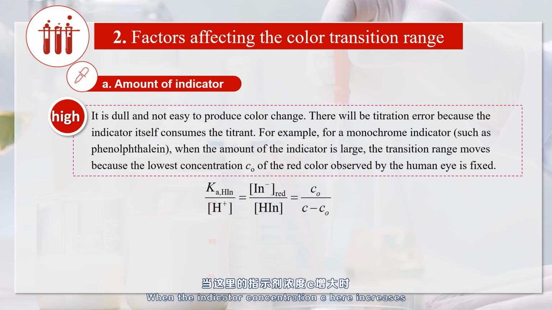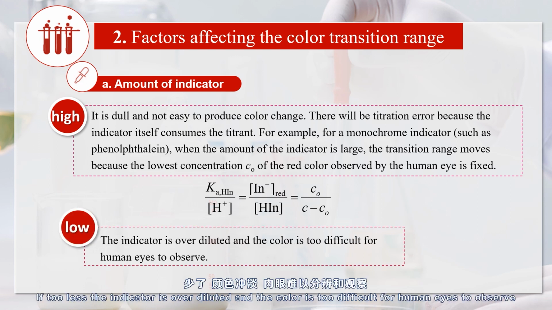When the indicator concentration C increases, the corresponding hydrogen ion concentration also increases, leading to a change of the pH pointed by the indicator. If there is too little indicator, it is over-diluted, and the color is too difficult for human eyes to observe.